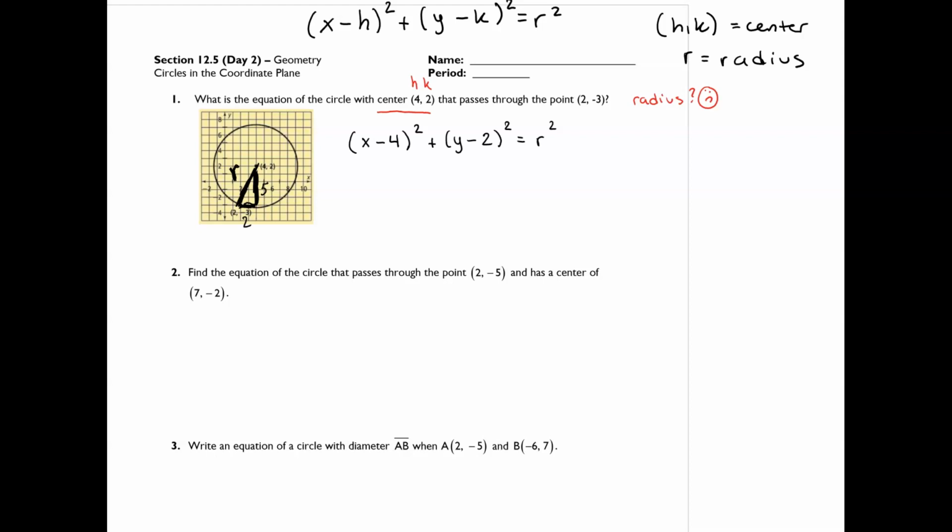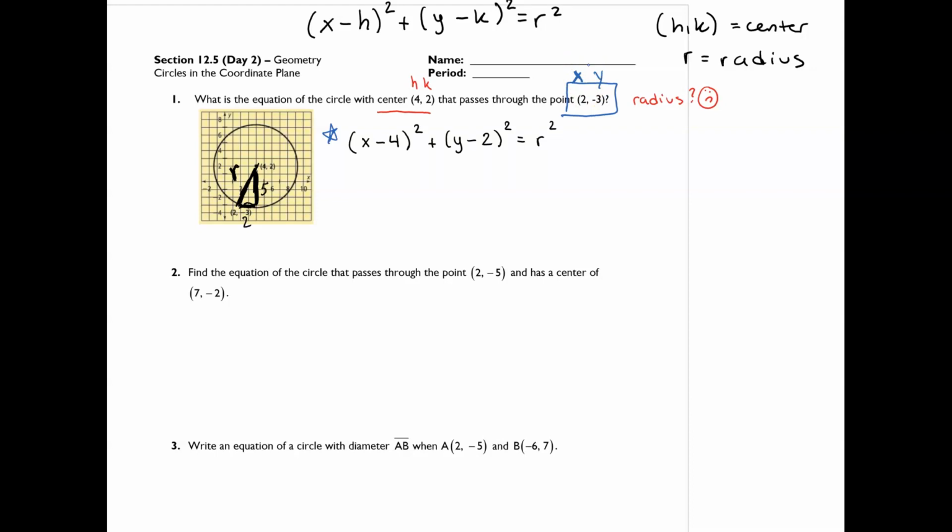They give us in this problem another point. It's just some random point on the circle. What can we do with this point in this equation that we have started? I want you to think about a point as an x comma y. We can use 2 as an x coordinate and at the same time use -3 as a y coordinate.